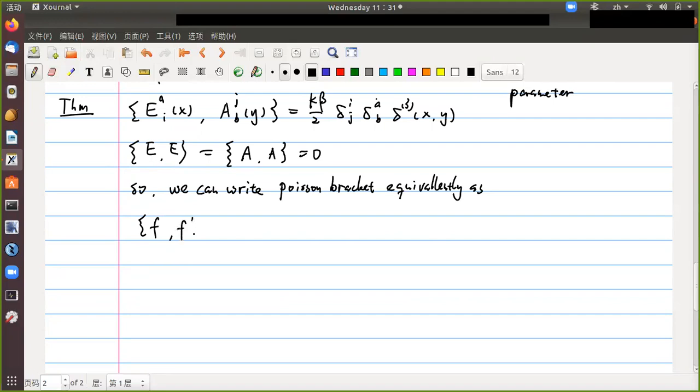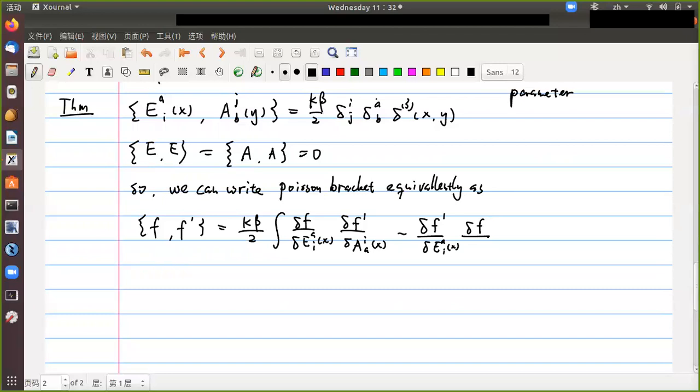Before it was written in terms of E,K variables, but since it is a canonical transformation, you can write it in terms of E,A variables.